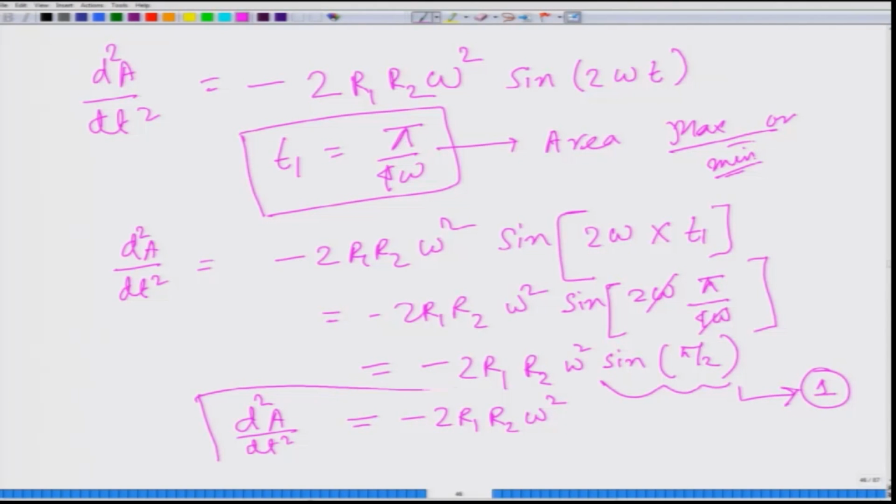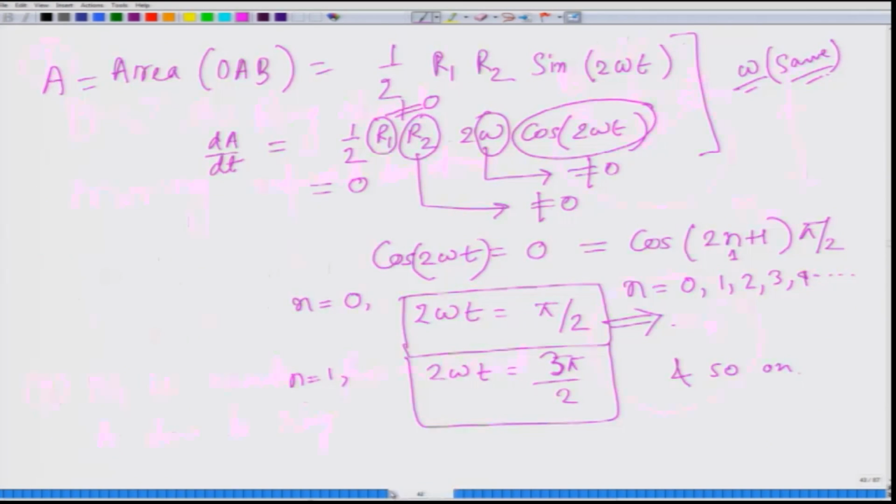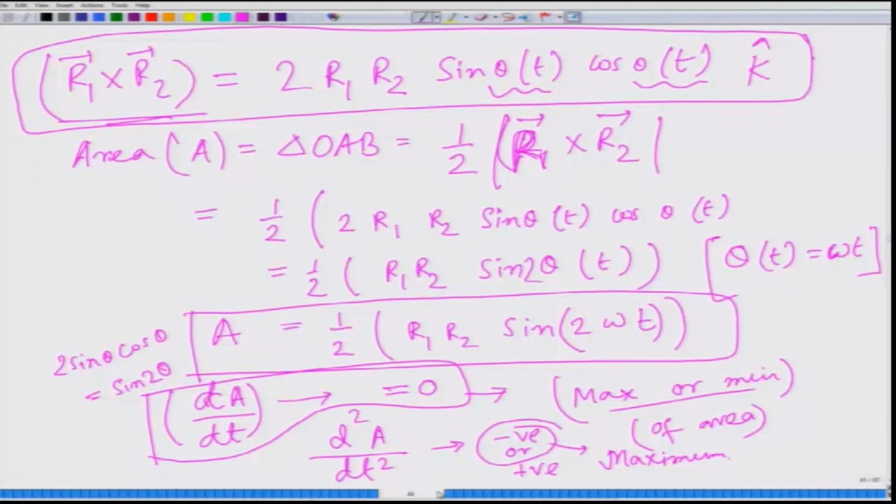If you recall what I said earlier, to check whether this gives me a maximum or minimum area, I need to check whether the double derivative is negative or positive. Here I am getting a negative number, so the area is maximum at t equal to pi by 4 omega.